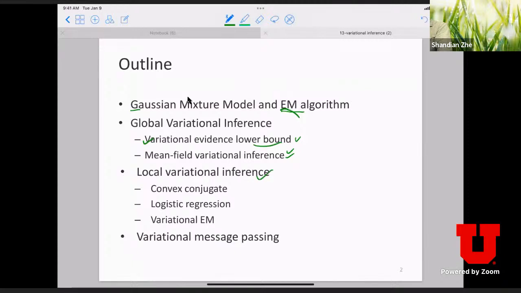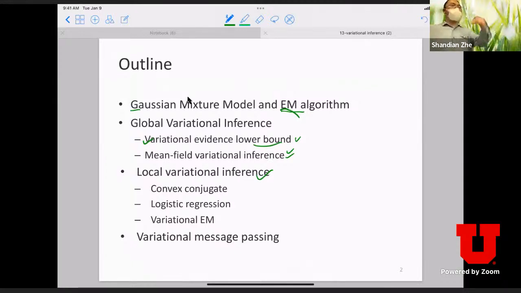And then we'll talk about a second type of variational inference algorithm, which is called local variational inference. Local variational inference is often combined with global variational inference, and its basic idea is to dispose of some hard to deal with factors in the joint probability. For example, some likelihood is too nonlinear, too complicated.